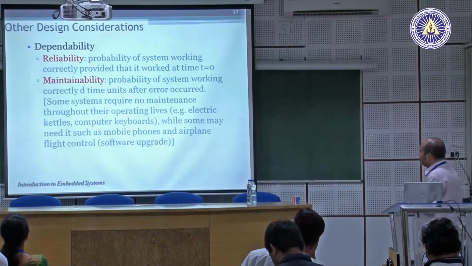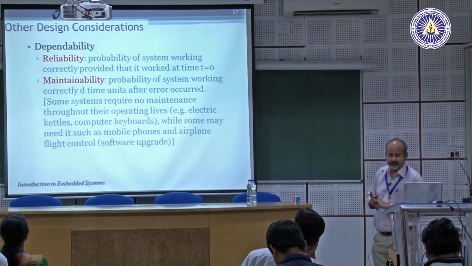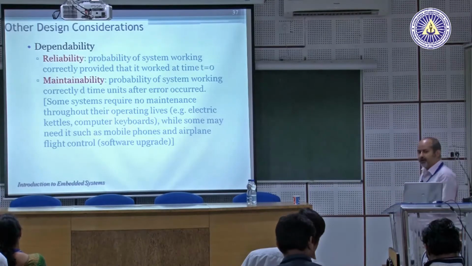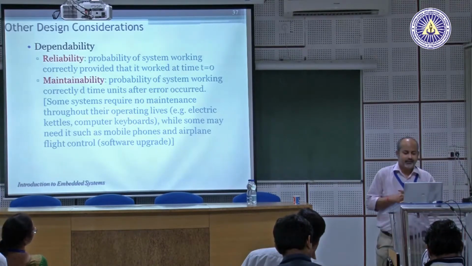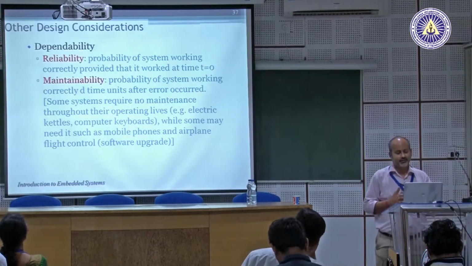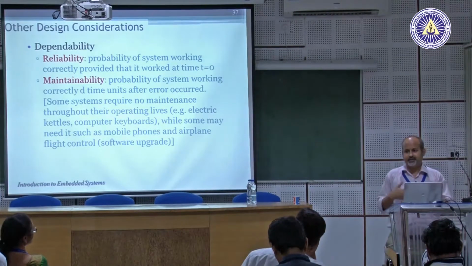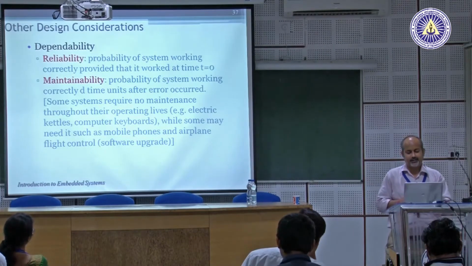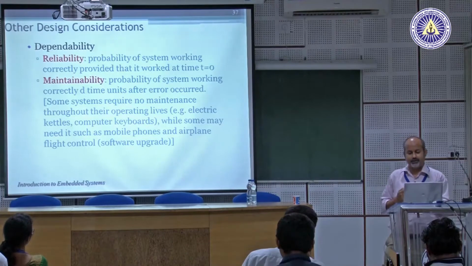The other design considerations are dependability. Reliability is the probability of the system working after a certain time. These kinds of systems usually age: the processor and the silicon age, and they have normal wear and tear.